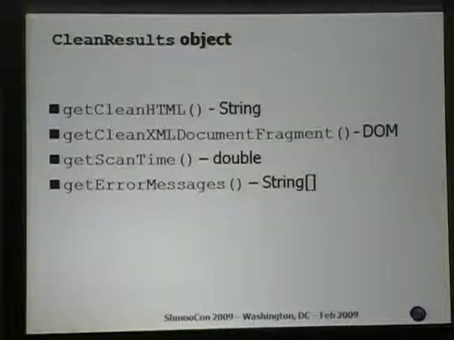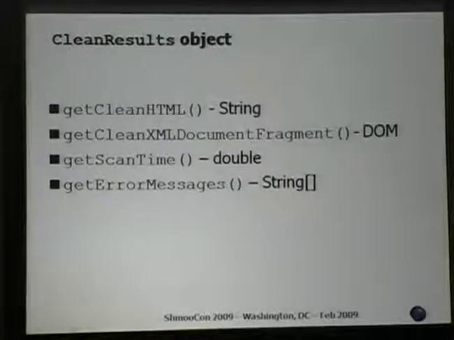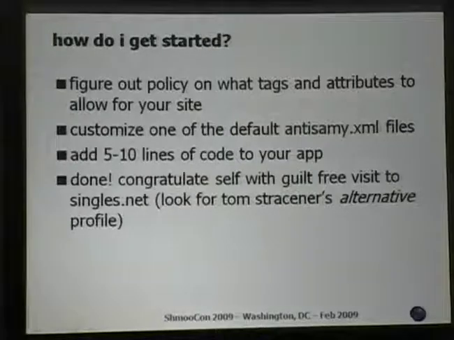So when you invoke AntiSamy, you have these 4 objects that get returned to you: how long it took to do, the error messages, the HTML as a string, and the HTML as a DOM object in case you wanted to do anything fancy with it yourself. All right, so this API is enforced across the different implementations. So pretty much the same. This might be the Java syntax, but pretty much the same for anything else.